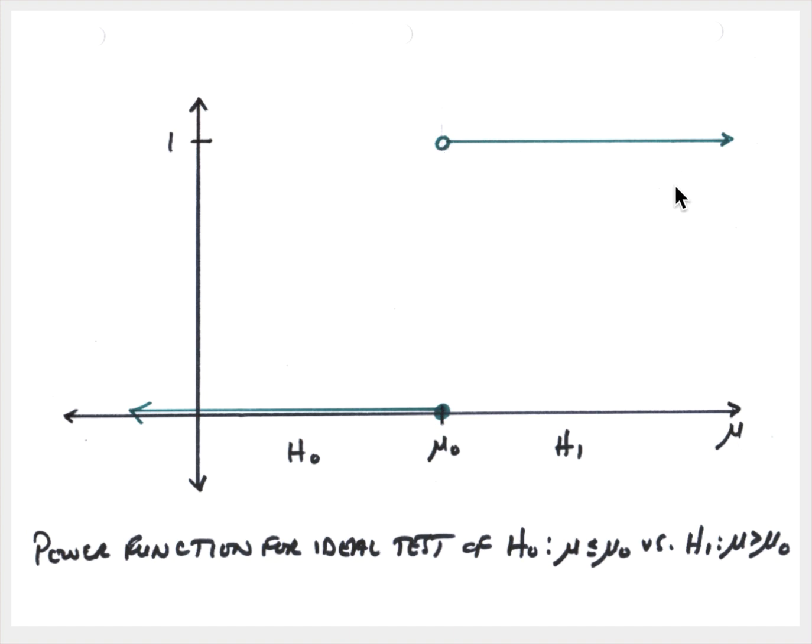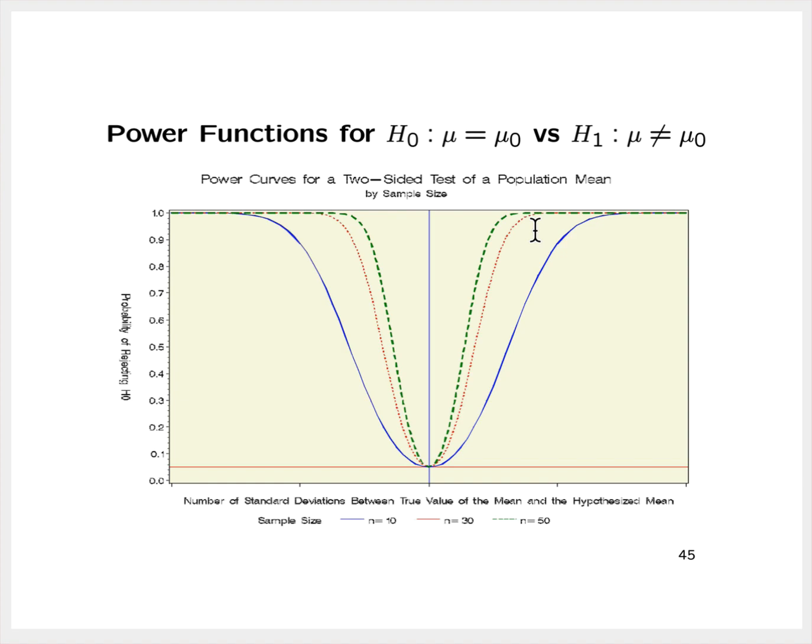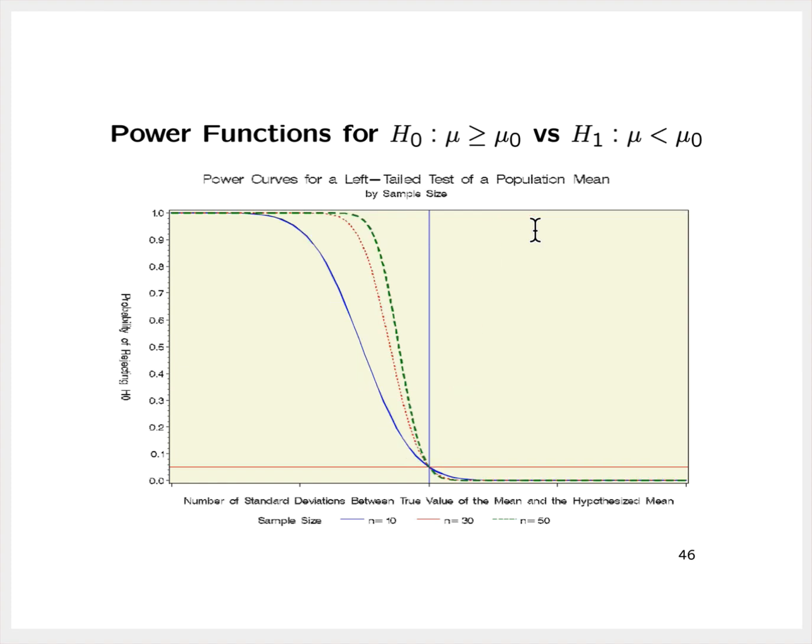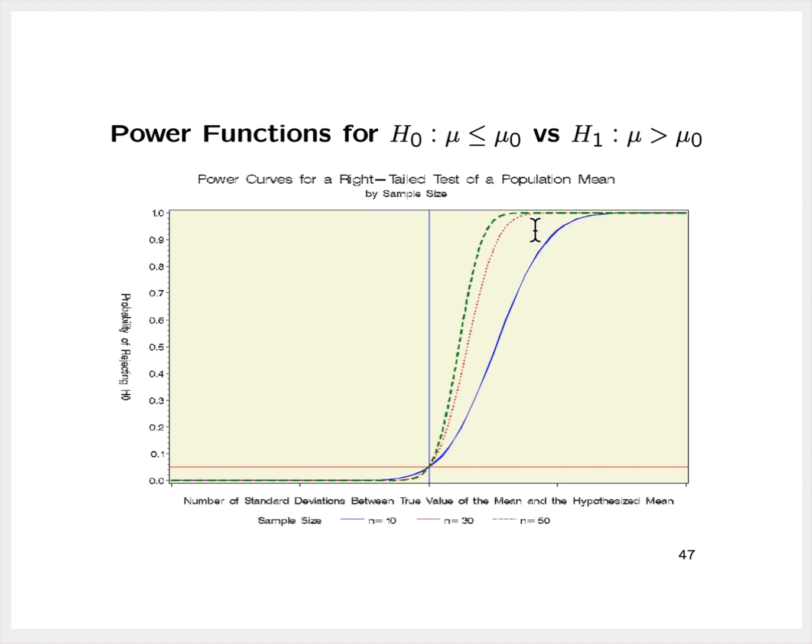So these are what the power functions for the ideal tests of the two-sided test, the left-tailed test, and the right-tailed test look like. The power function of an actual test will never look like the ideal test, but you can see that as the sample size increases, it's going to approach and look more and more like the ideal test.